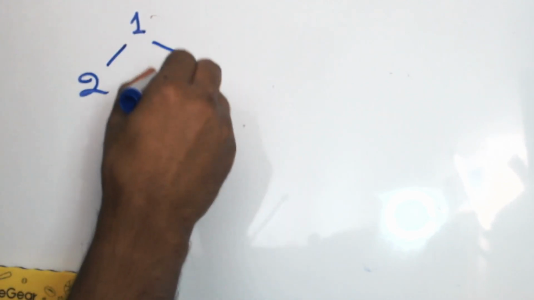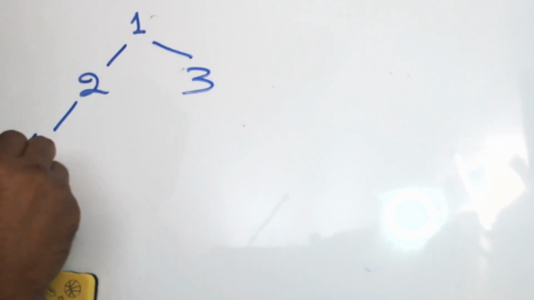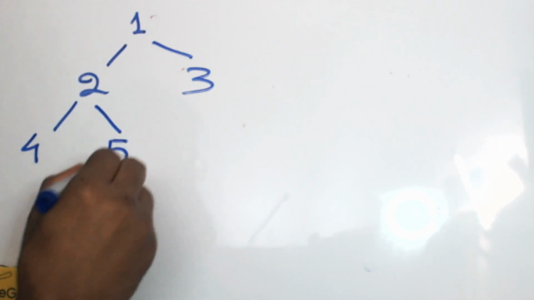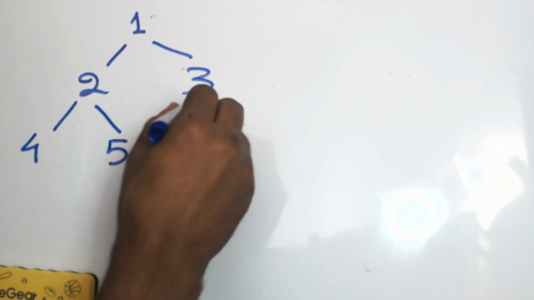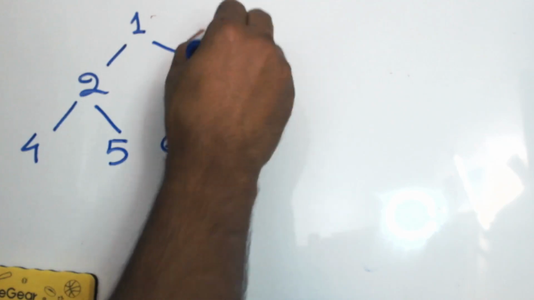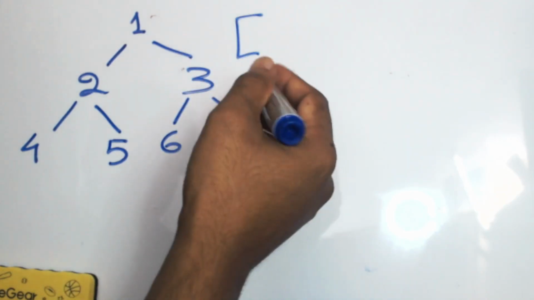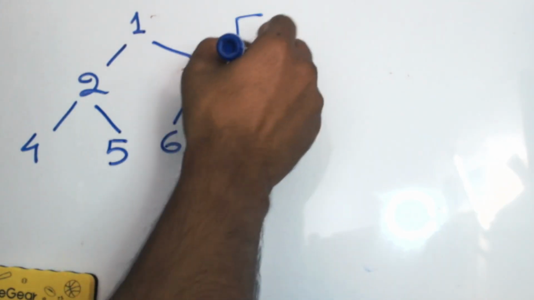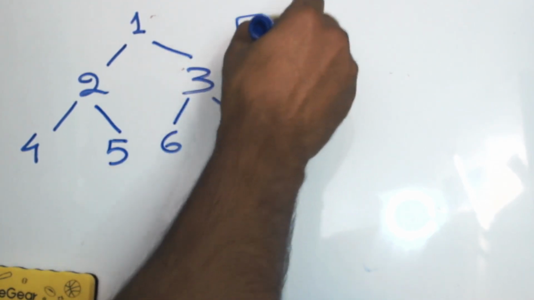So in the example, we are given a tree that starts with root node 1, then goes to 2, 3, 4, 5, 6, and 7, and we have a to delete array list that contains 3 and 5.